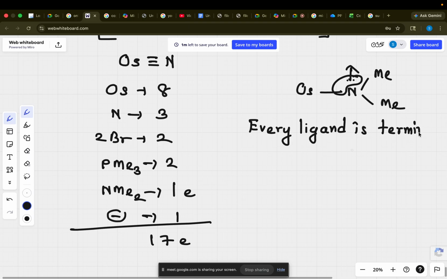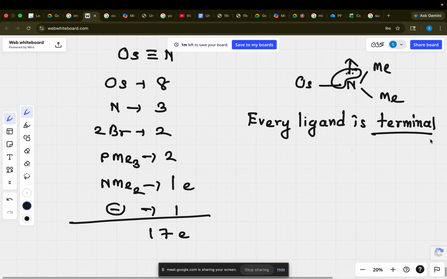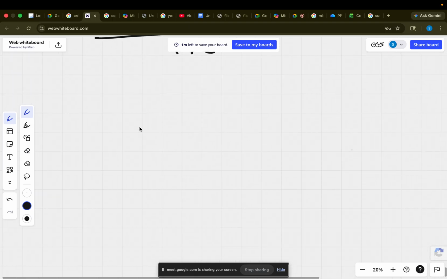First of all, it will donate one odd electron, then only it can donate its lone pair. If it has the option, definitely it will donate one electron first of all, and that's your terminal ligand. Clear? Yes, sir. Clear, sir.